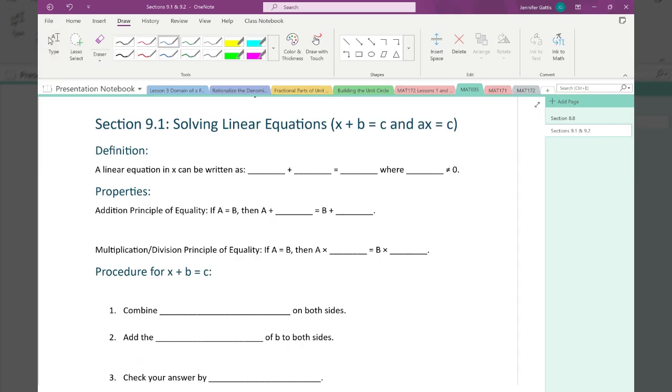So any linear equation in X can be written as X plus B is equal to C. Okay.